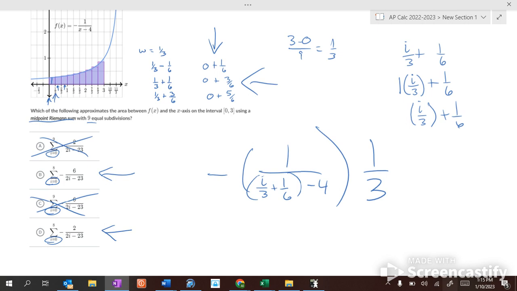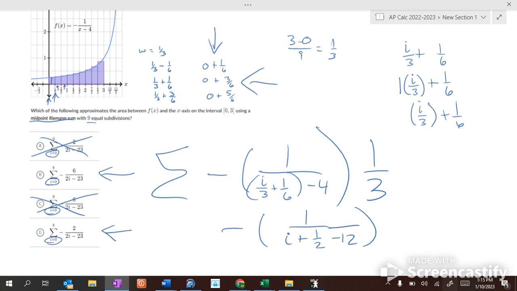Okay, so this is a summation. But none of them look like this, right? So we have to multiply through by our 3. So if we multiply our 3 through, we get i plus 3/6, which is 1/2, minus 12. Okay?